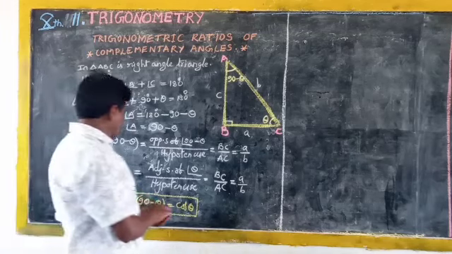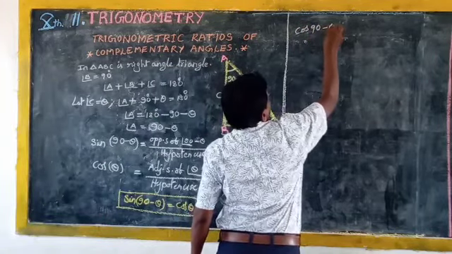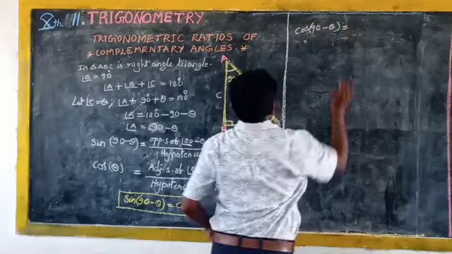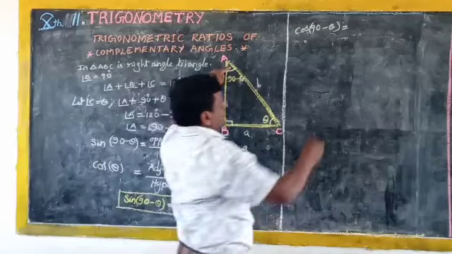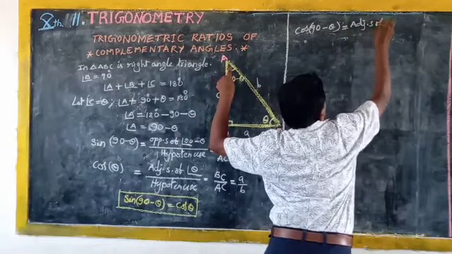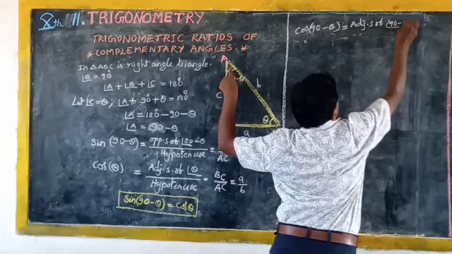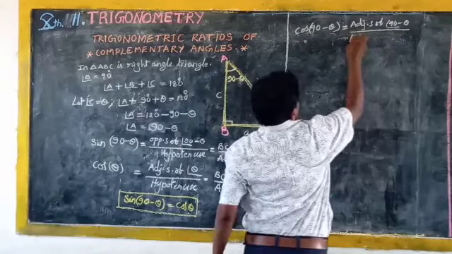Okay. As well as cos 90 minus theta. Cos is the adjacent side of angle 90 minus theta by hypotenuse.